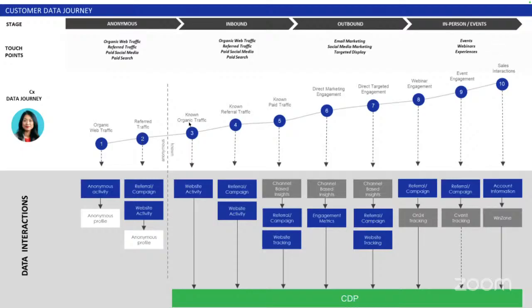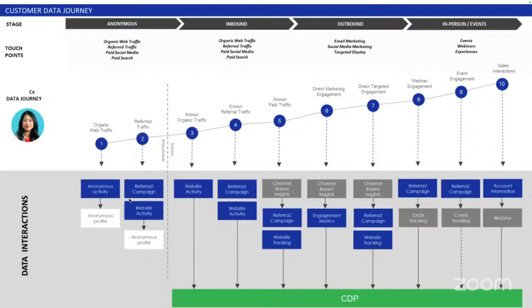Whatever channel you are using, she might be coming from email, from SMS, or from just searching for Amazon in Google. Whatever the touch point is, the data journey will be captured as anonymous in the beginning.